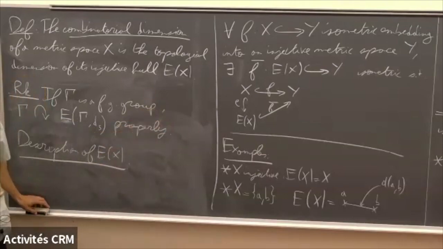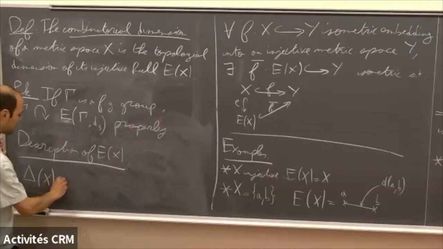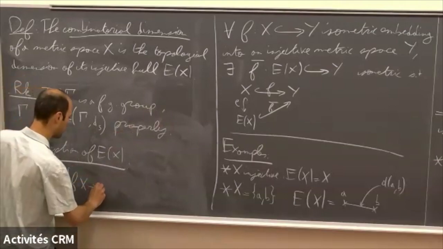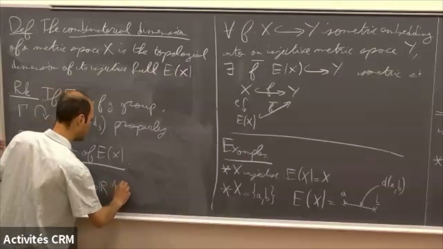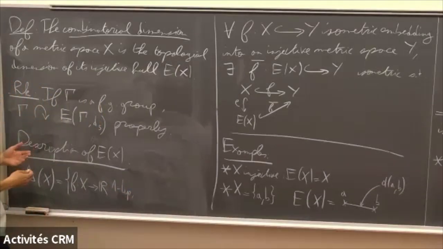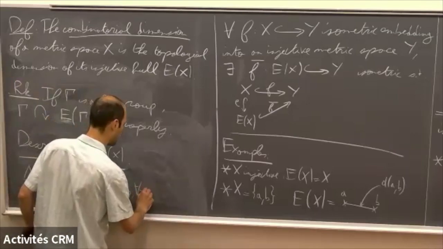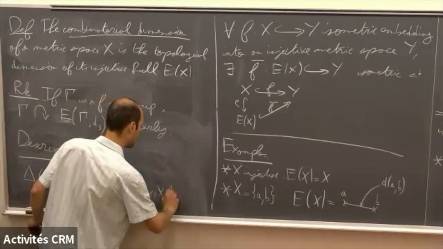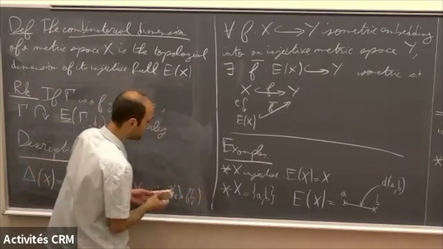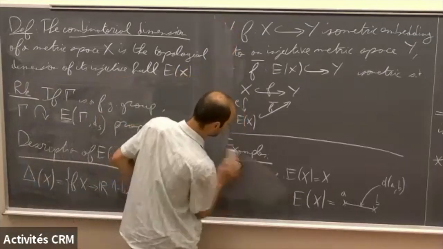So the idea is to start with a larger space, which Lang calls Δ(X), which is the space of all functions from X to R which are 1-Lipschitz, and which behave like the distance through a point, meaning that for all x, y in X, f(x) + f(y) is at least the distance between x and y.